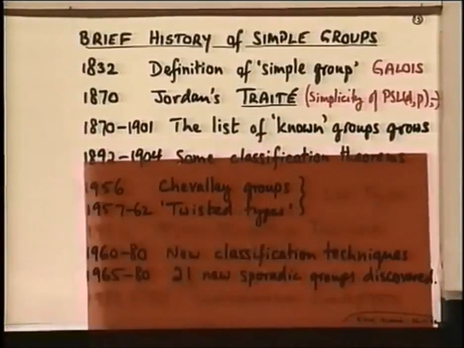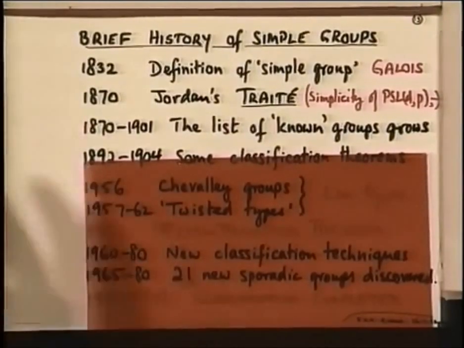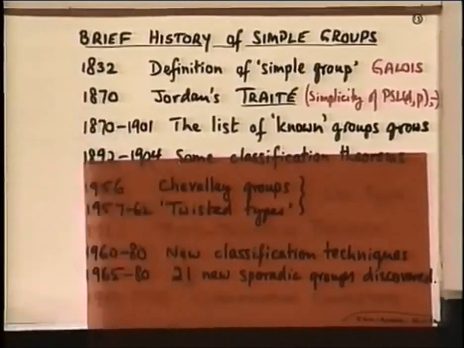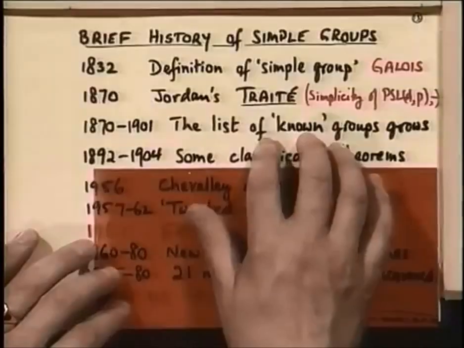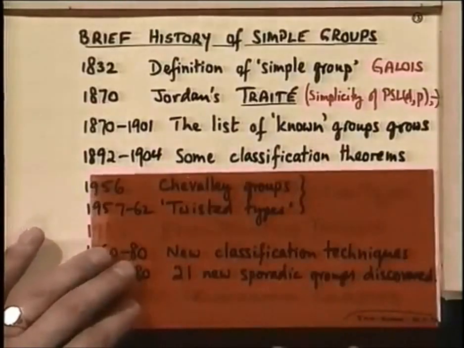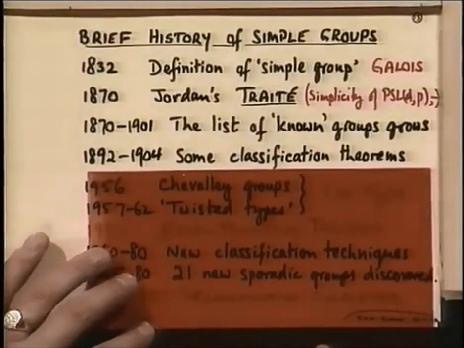And between 1870 and 1901, gradually the list of known groups grew. The 5 sporadic Mathieu groups were discovered. Various of the other classical groups, orthogonal groups, unitary groups were discovered and listed.